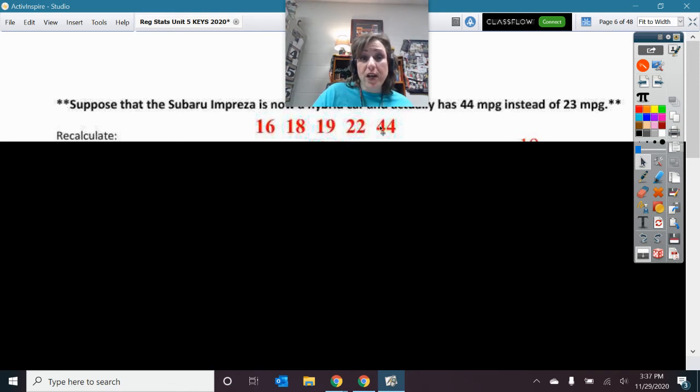Look at how this 44 compares to the other pieces of data. How does that fit in? Is it similar, like the 23, or is it quite different and much farther out than the other pieces of data? It's more unusual. So we're going to talk about that and see what that does.